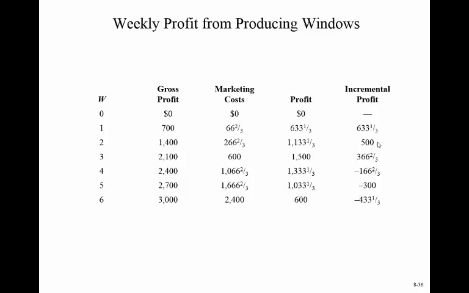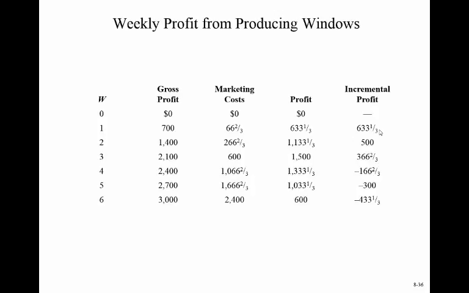We do the same thing for windows, and you'll see here on the right, only now instead of considering just 1 through 4 doors, we're considering 1 through 6 windows to possibly produce. And you'll notice the first one has the same calculation, but the first one has $633 of profit, the next one's $500, then it drops, then it goes negative.